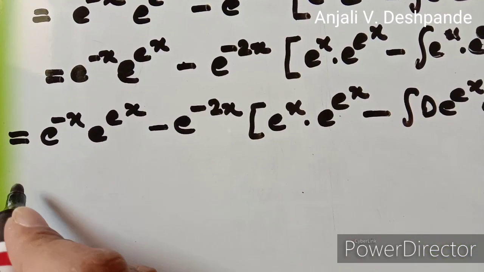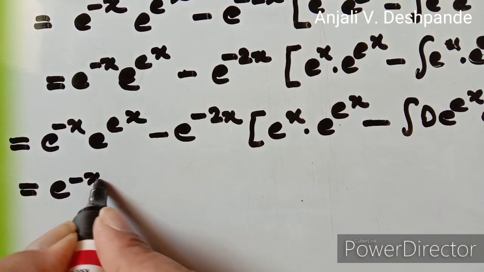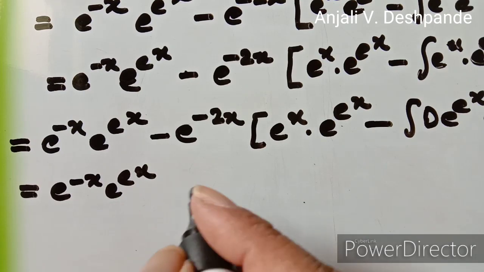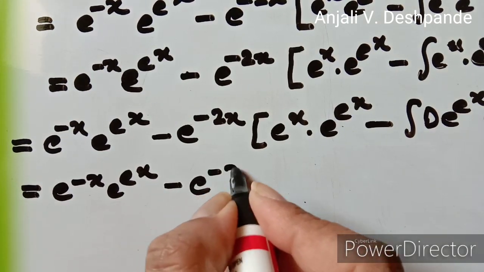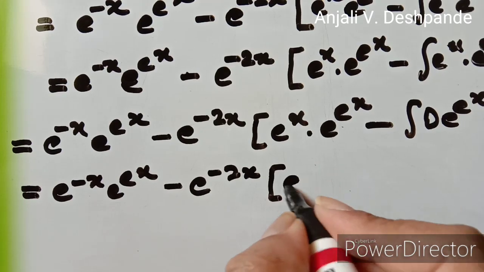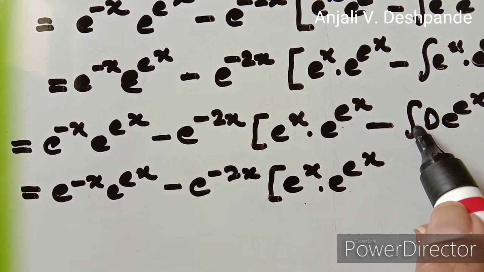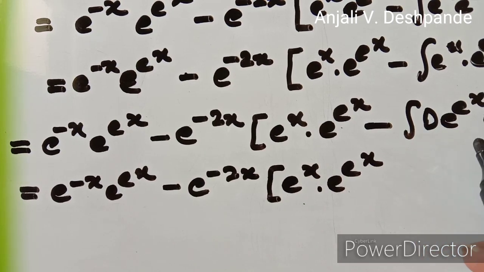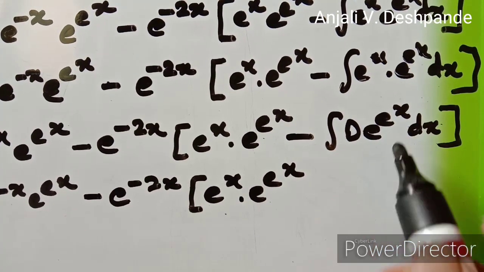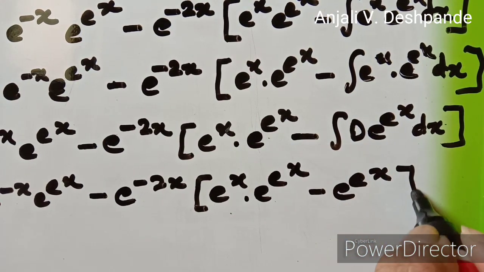Now this will be equal to e raised to minus x e raised to x minus e raised to minus 2x into bracket you will have e raised to x into e raised to x, and then integration and derivative. So once again we are just left with this term, minus e raised to x.